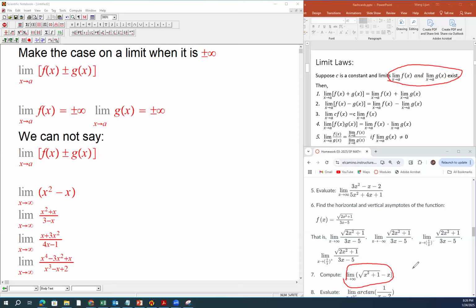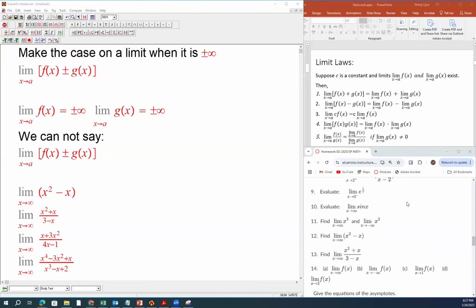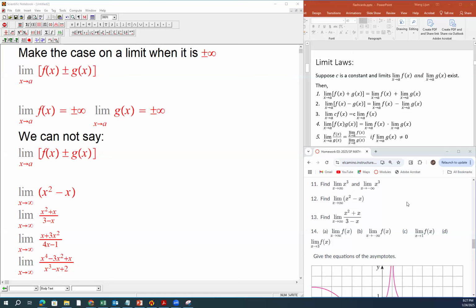In these cases, it's uncertain, so we cannot say infinity subtract infinity is going to be 0. In truth, we have seen many examples where infinity minus infinity could be any number you want, and we went through some examples in the previous videos.